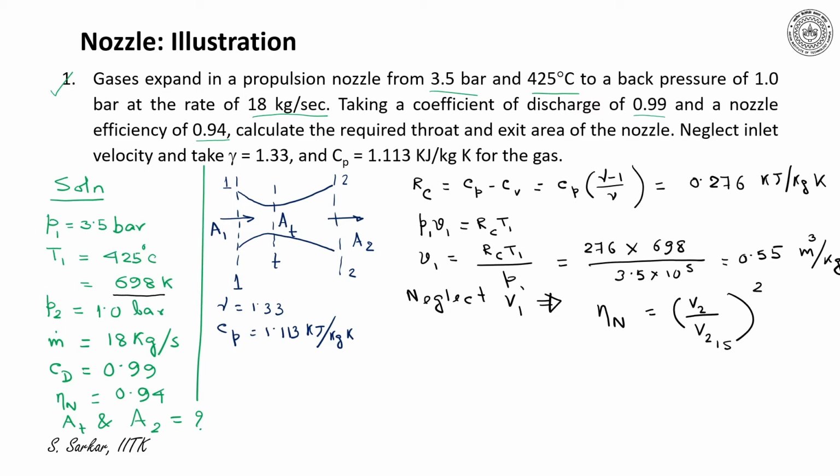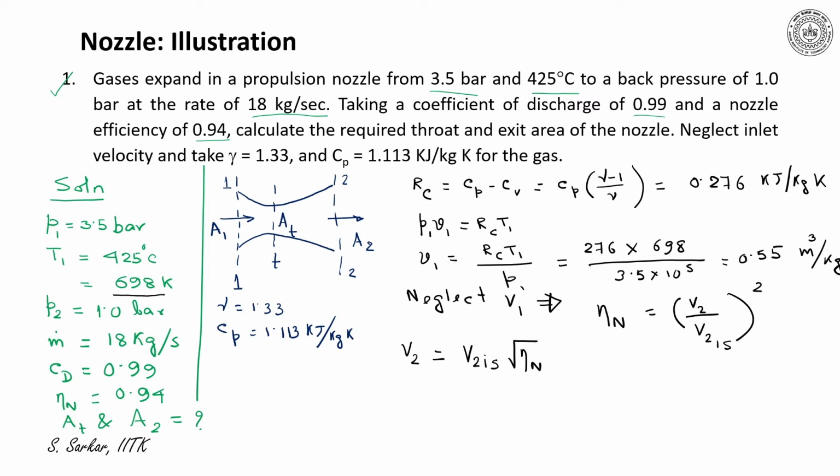So thus V2, the actual velocity at the exit of the nozzle, is equal to V2 isentropic into root over eta n, nozzle efficiency.